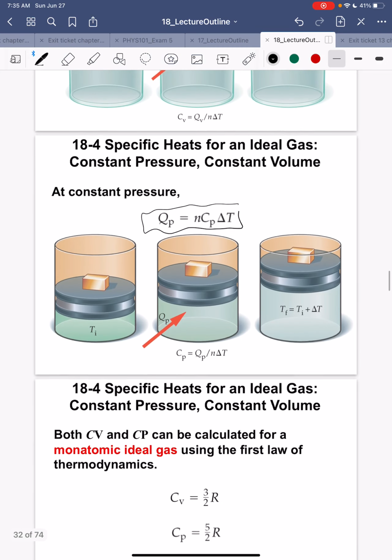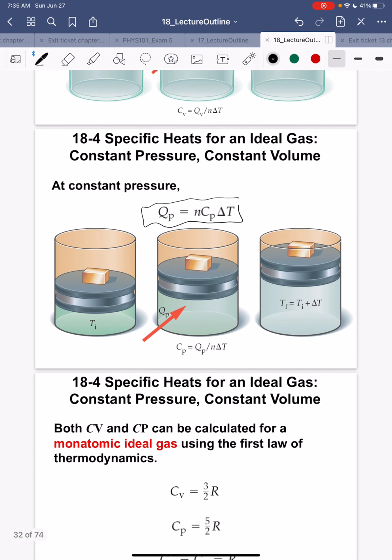Now, both CV and CP can be calculated for a monoatomic ideal gas. Monoatomic means, remember, the one with one atom only. These are the members of group 8, like helium, argon, neon, okay?